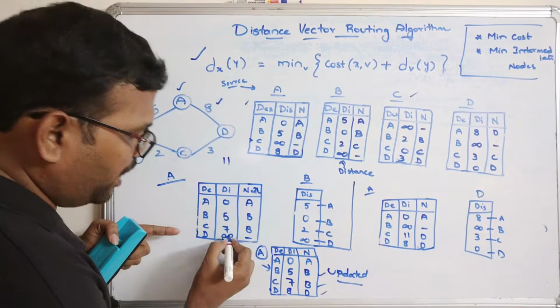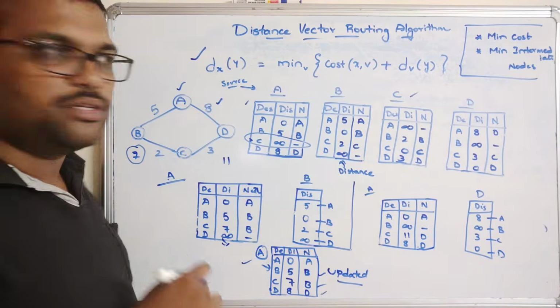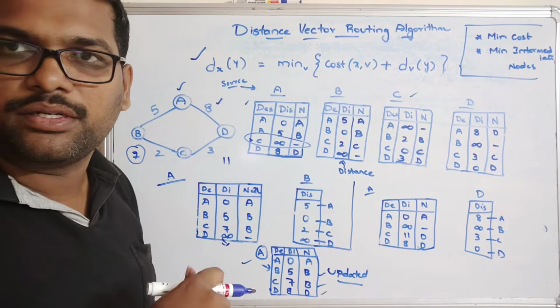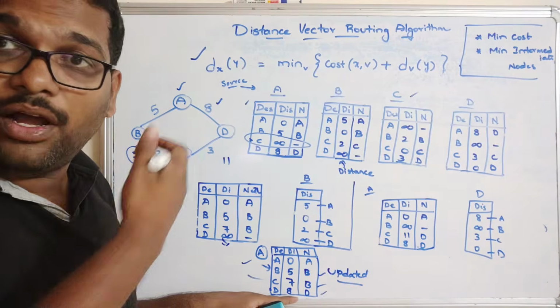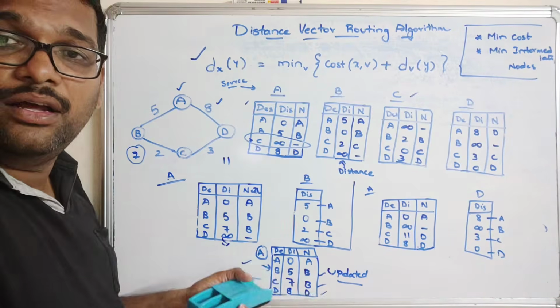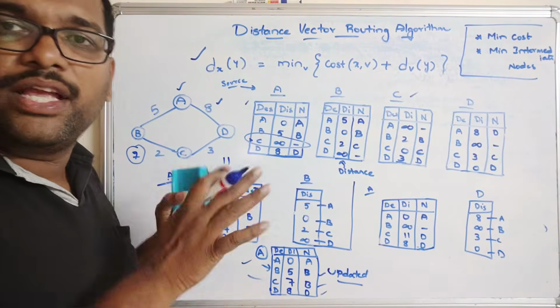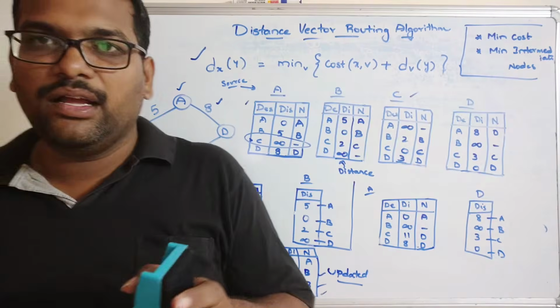If we are having new information, or there is no correct path, that's why we are sharing the information to neighboring routers, right? So here we are not having any new information. So for every node we are having the least distance path. So we can stop here. So this is the distance vector routing algorithm.